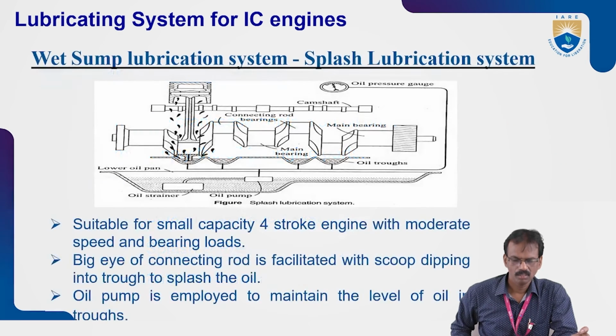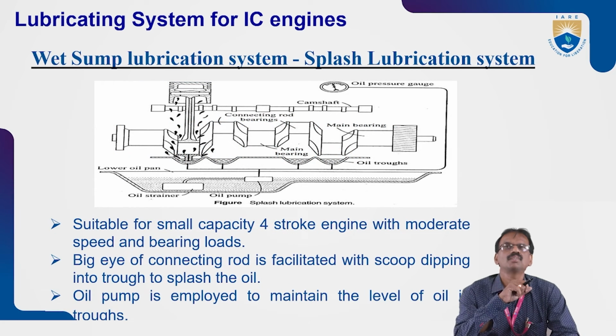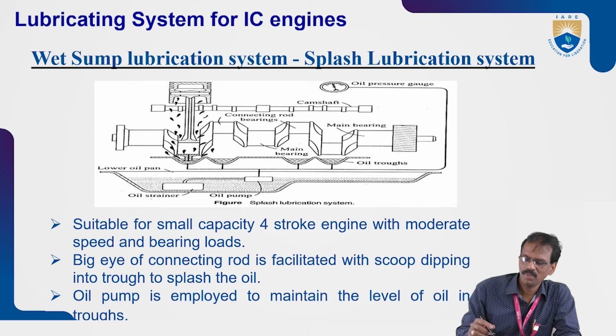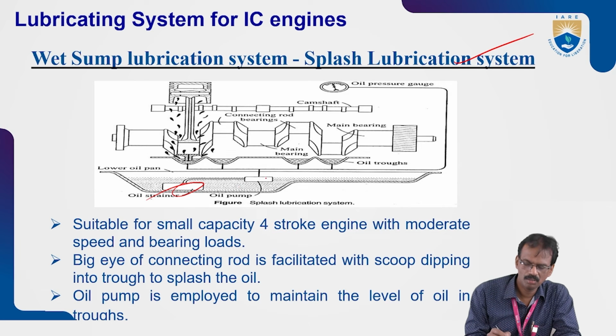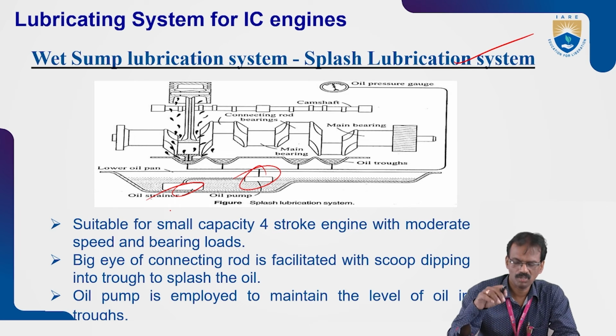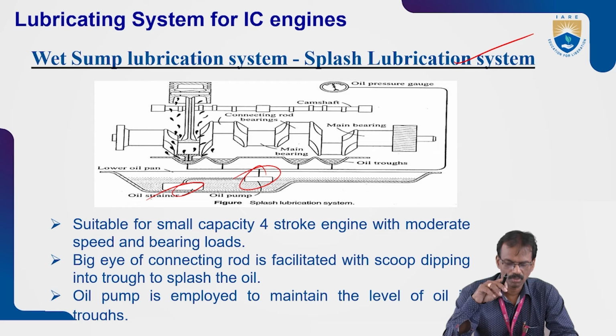We'll see one of them, the wet sump lubrication system, mainly the splash lubrication system. Here there is a big container under the connecting rod and crank movement. This is the oil strainer for straining the oil, and this is the oil pump to pump the oil into the engine parts.